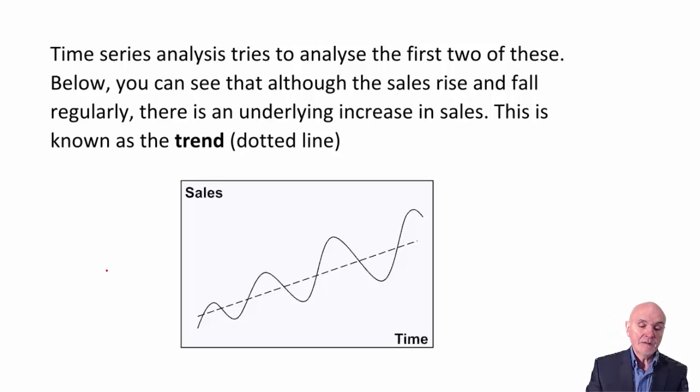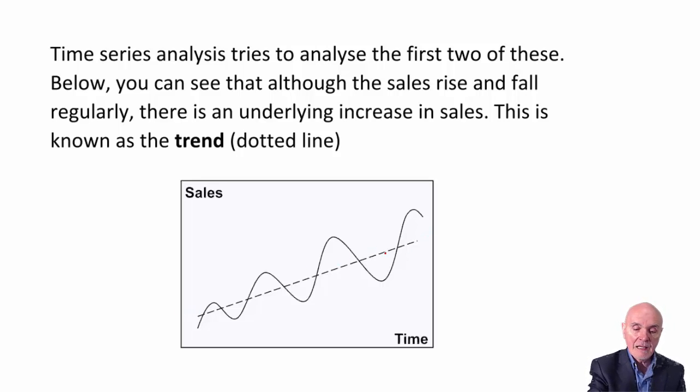So here is really what we mean by the trend and the seasonal variations. This curved line here represents the actual sales. And I think you can see by looking at it that there is a rising trend. Although it goes up and down, lying under that there is an idea it's going up in general. And this dotted line that's been put through here, this is what's called the trend.